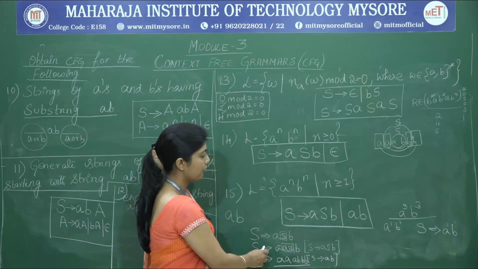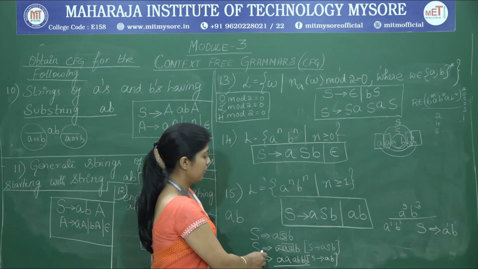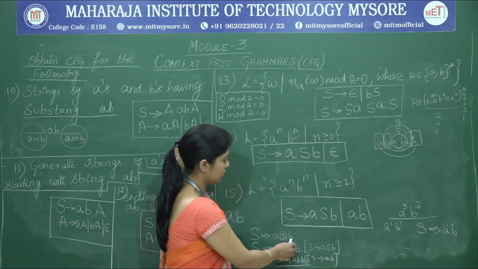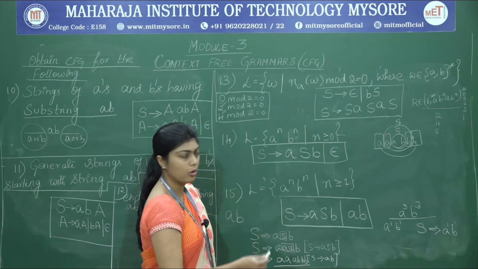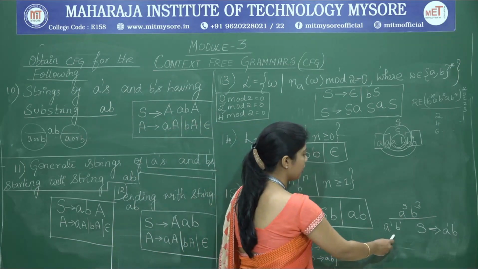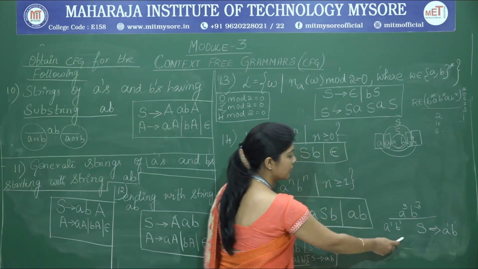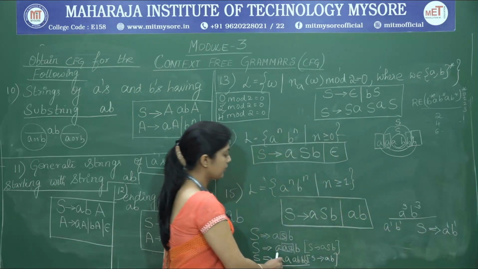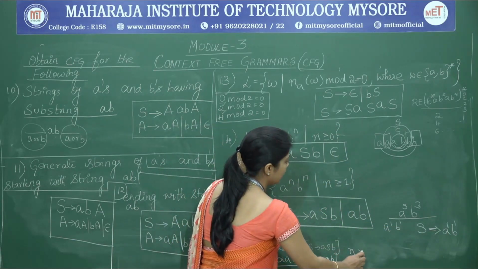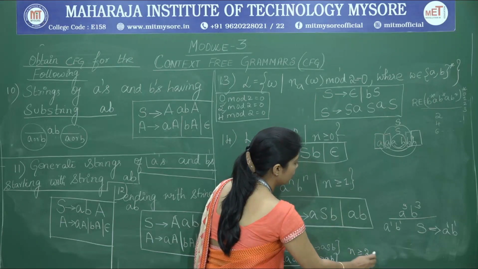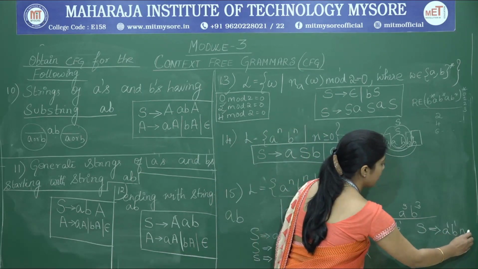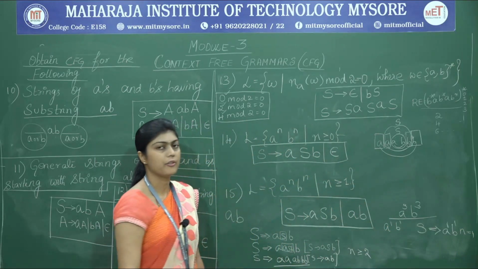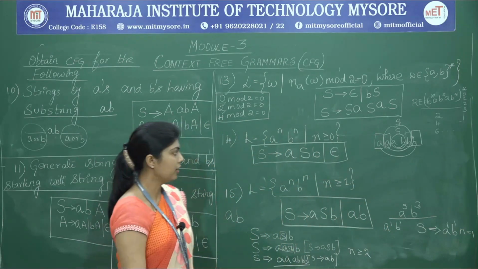This is the derivation for 2 or more, and then this is the derivation for 1. So this is for n equal to 1, and this is for n greater than or equal to 2. These are the derivations that we can do for the rules of the grammar.